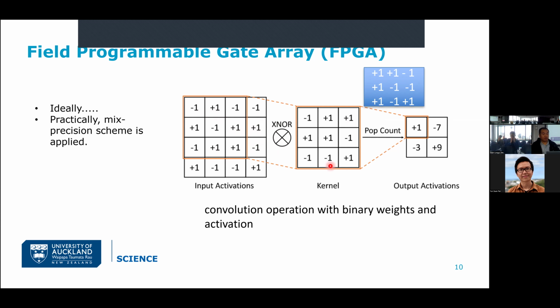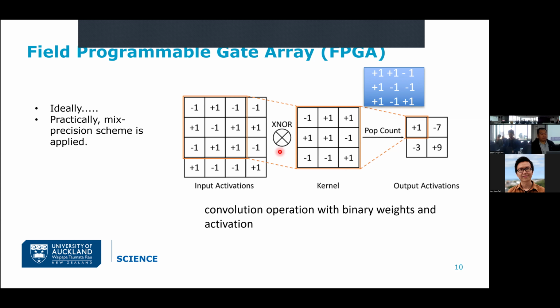The kernel here refers to a filter applied to the input activation during this convolution operation. It also consists of -1s and positive ones. So we have an XOR operation. This is the bitwise operation that stands for XNOR.